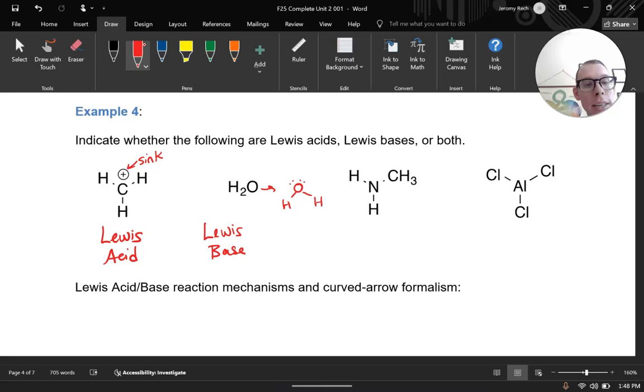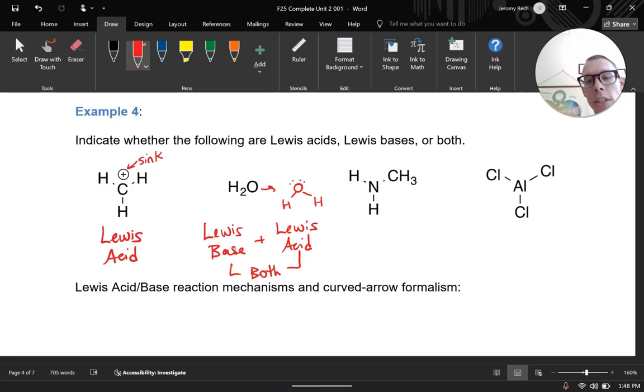And if I'm a Lowry-Bronsted acid, I'm also a Lewis acid by that exact same definition. I can't go the other way, but I can always go more broad. So this actually can also be a Lewis acid. So therefore, this is going to be both. So water can be both an acid and a base under our Lowry-Bronsted, as well as our Lewis.